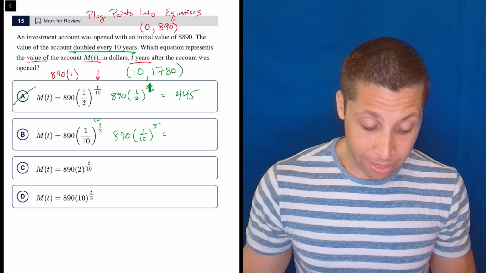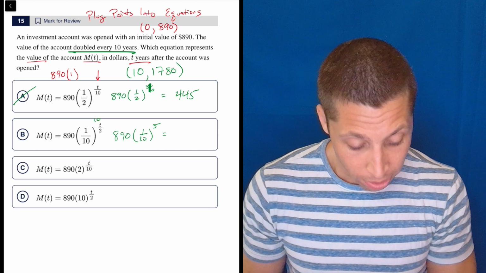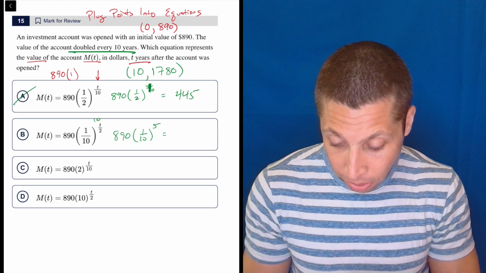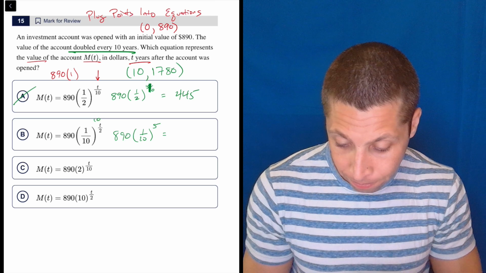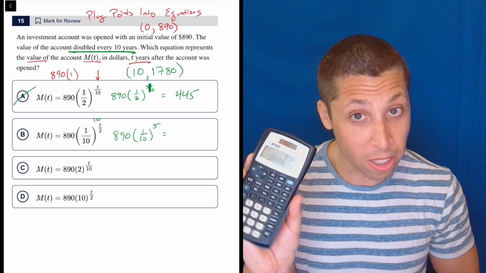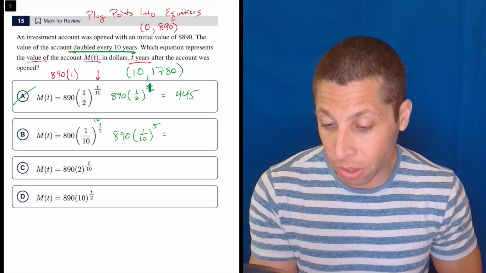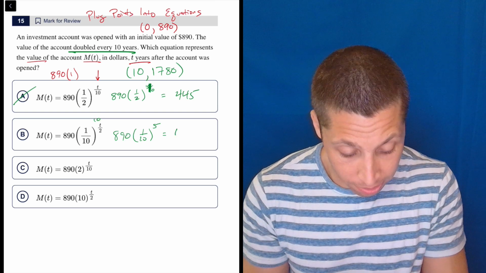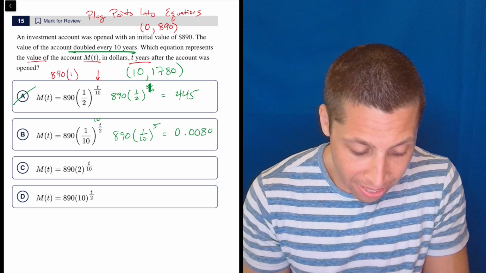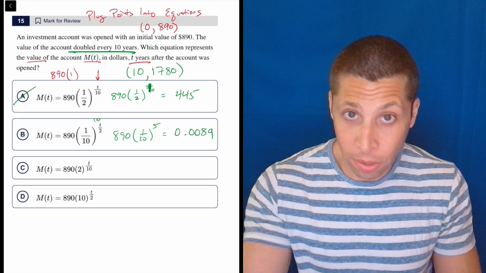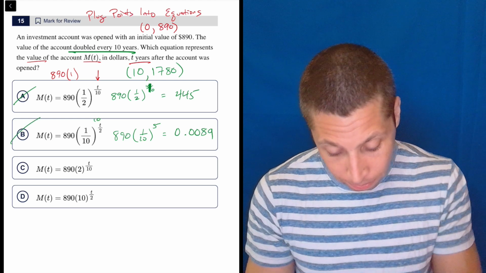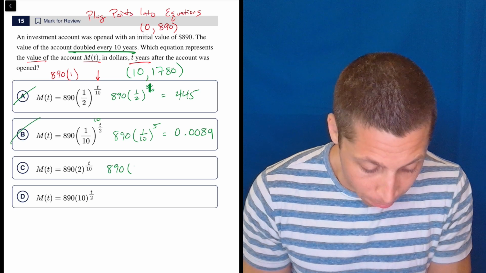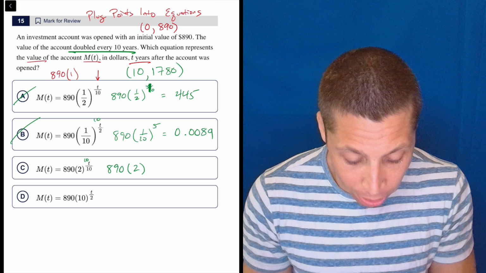I'm already not liking this, but I'll go through the motions here. So 1/10 to the 5th, do the germ das first, is a really small number, 0.00001 times 890 is 0.0089, not 1,780. Gone.